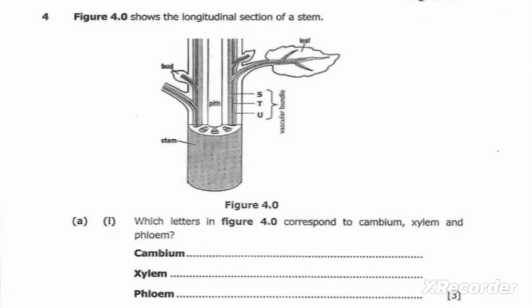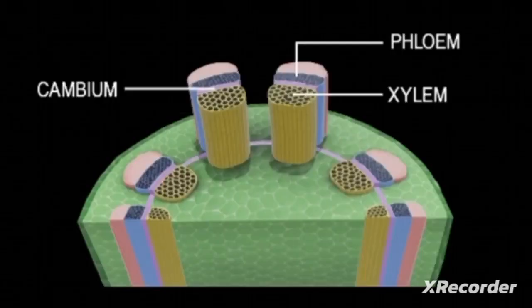Question 4, the question reads, Figure 4.0 shows the longitudinal section of a stem. We are given the figure as we can see. Question 4a, Roman numeral 1, which letters in figure 4.0 correspond to cambium, xylem, and phloem. The cambium is found between the phloem and xylem.